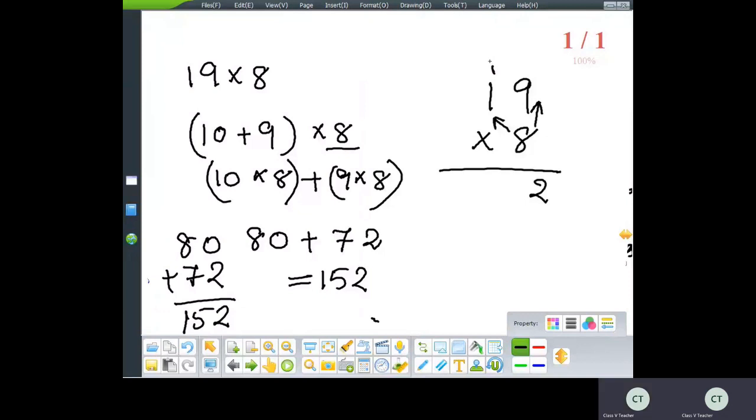There is some mistake here. Let me do it again, children. 10 8s are 80, 72, 2, 15. 8 1s are 8, 9.